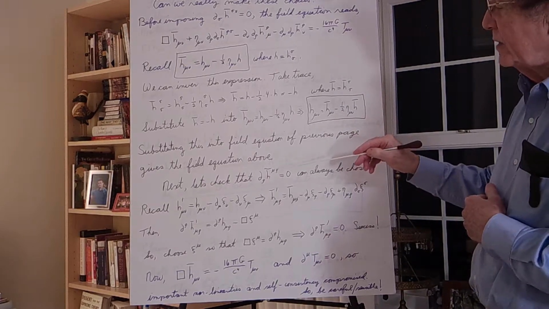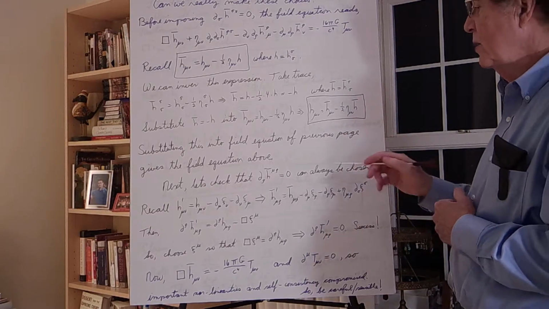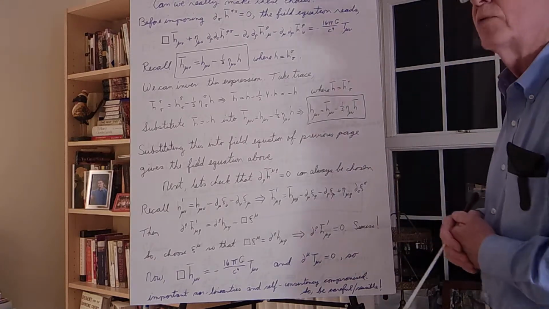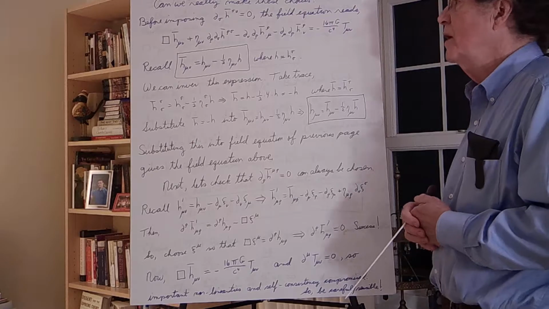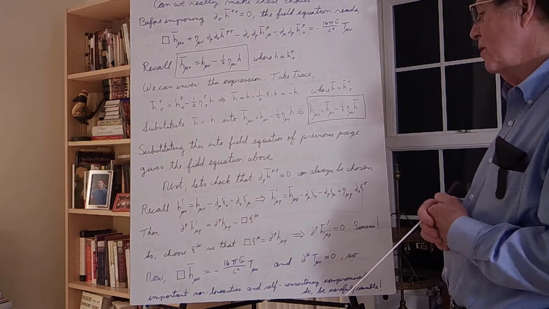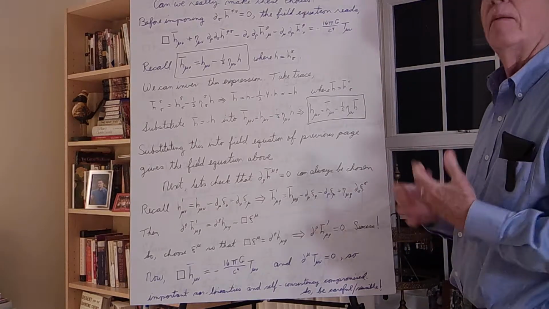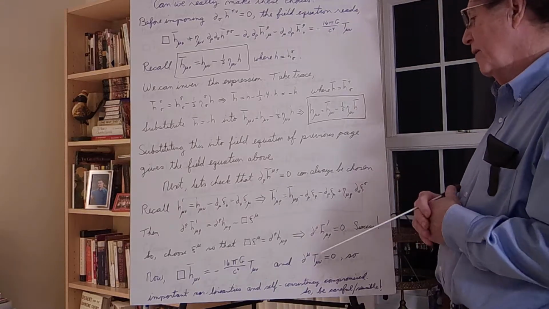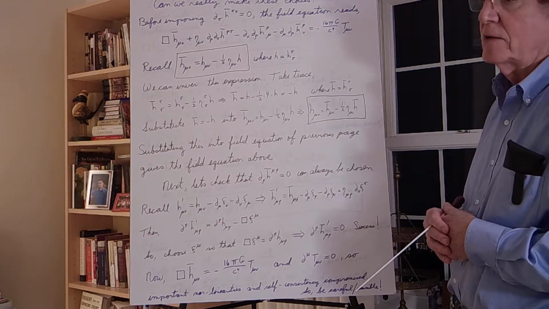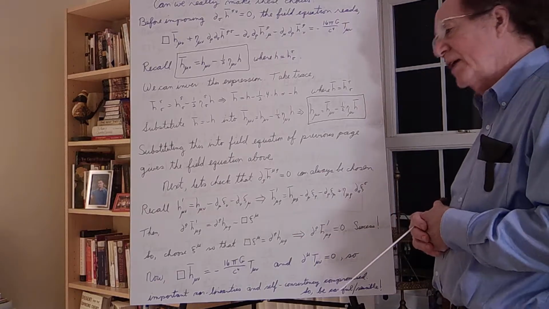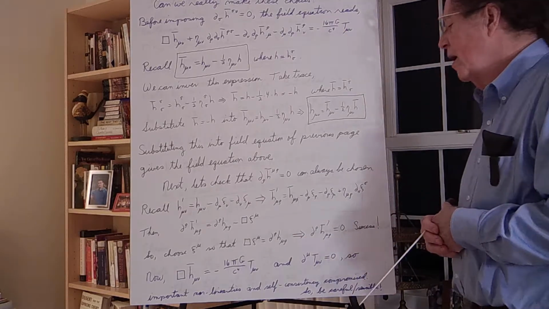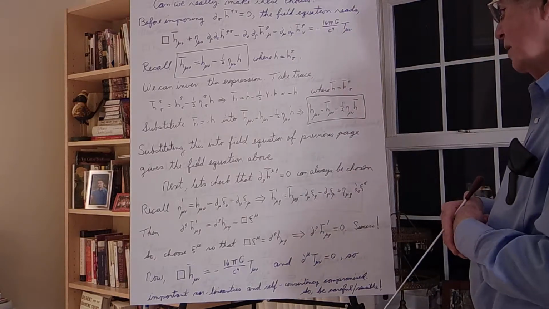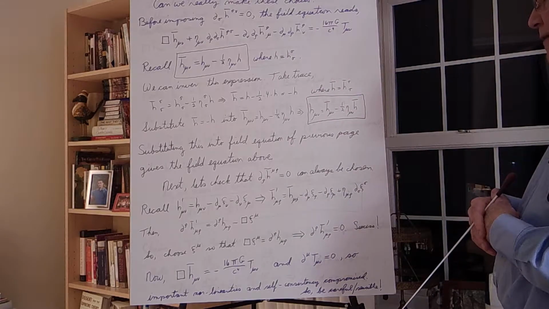Remember, h bar is symmetric in mu and rho, so it'll be true for the indices in the opposite order. My Minkowski metric is symmetric, and my deviations from the Minkowski metric are symmetric, so I don't have to watch all of those details.